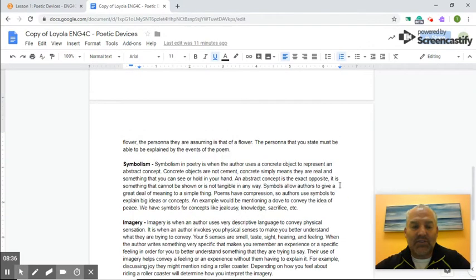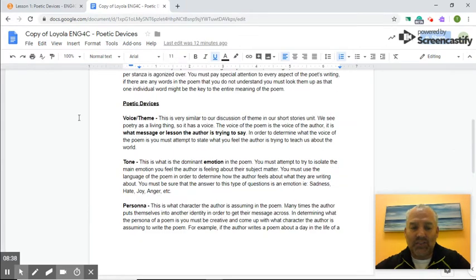But for the rest, voice, which is the theme of the poem, is the same idea. We see poetry as a living thing, so it has a voice and a person. Persona would be that person. Then you have to say what voice is. Basically, it's the most important one, very similar to theme. It is the message or lesson the author is trying to say.